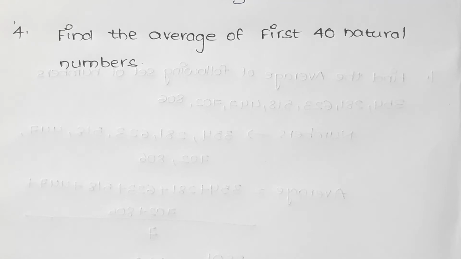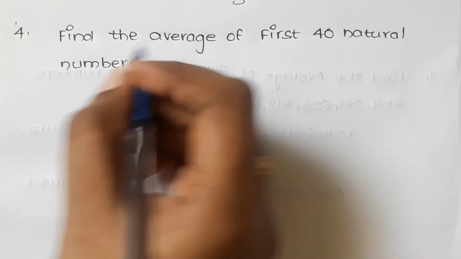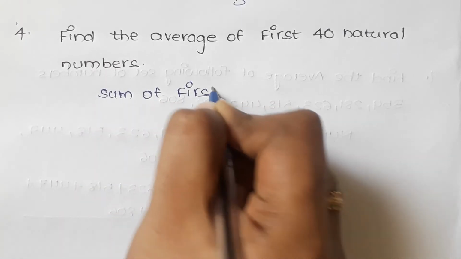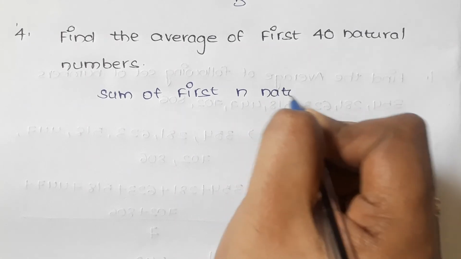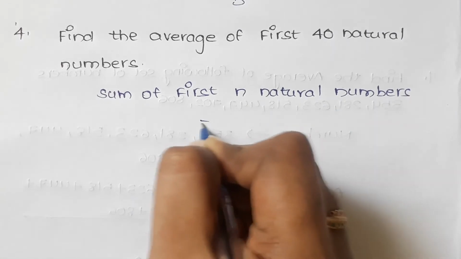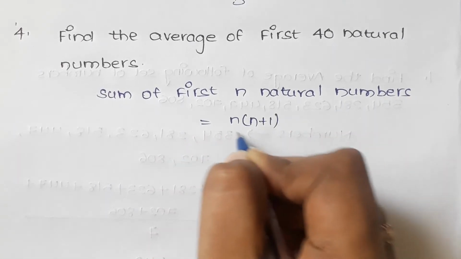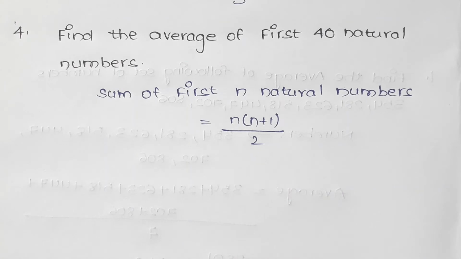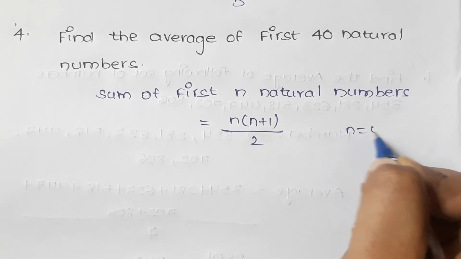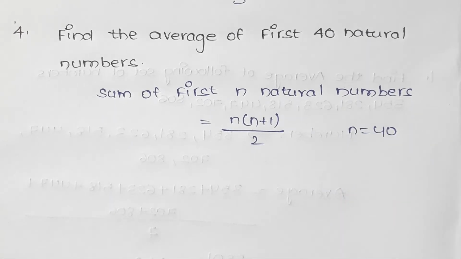Here for this we have one formula, that is sum of first n natural numbers equals n into n plus 1 by 2, and this is the formula for how to find the sum of first n natural numbers. And now we will substitute 40 in place of n, because here n equals 40 natural numbers.